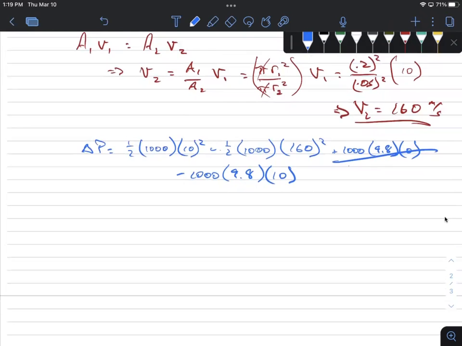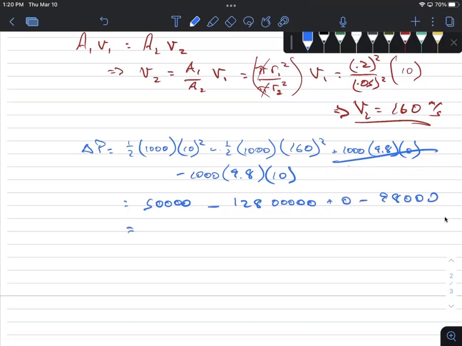Everything else I've got. 10 squared times 500 gives me 50,000, minus 160 squared times 500 is 128,000,000, plus 0 minus 1,000 times 9.8 times 10, which is 98,000.